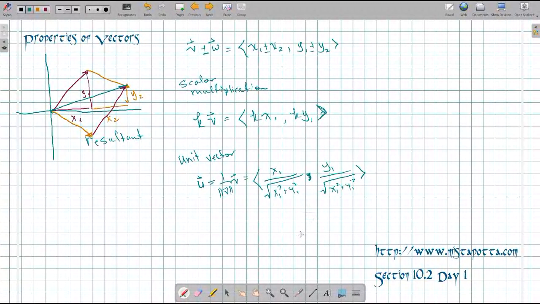So I can find a vector that has a length of 1, but still goes in the same direction, because the ratio of this divided by this is exactly the same as the ratio we were dealing with before, y1 over x1.